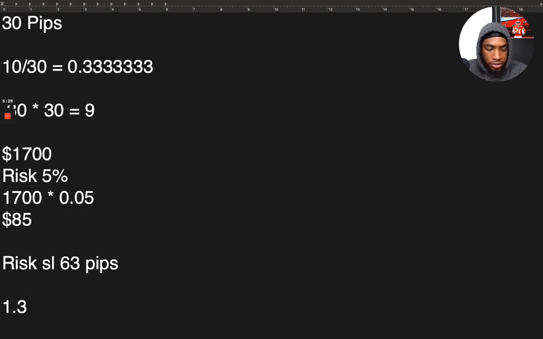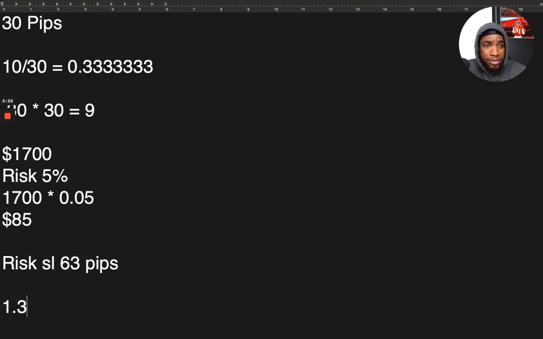No, not $10 a pip, $1 a pip, 1.3, yeah. So now we move from minis to micro, so we do $1.30 times 63 pips. That's going to give us 81.9, which is right below our number, because of course it was point. So it gives us a little bit right below our number there, and that's just how I calculate it.